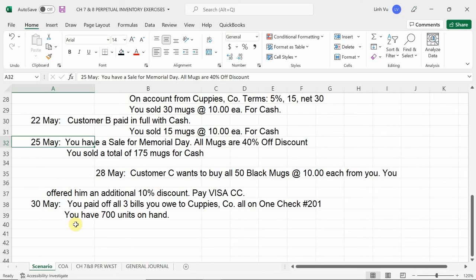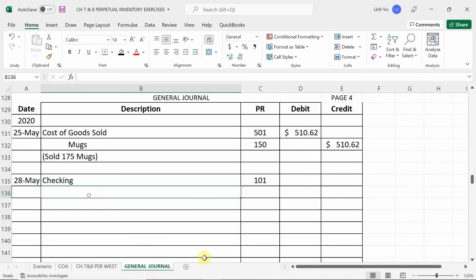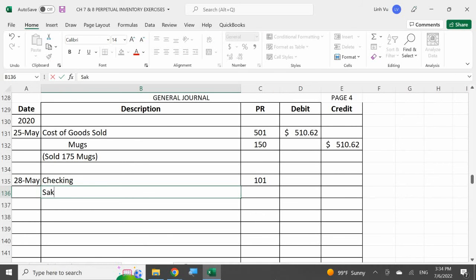So how do I journalize that portion? Sales discount. You're giving them a sales discount. That's correct, so you debit that.